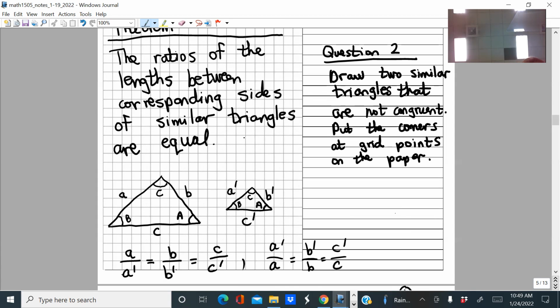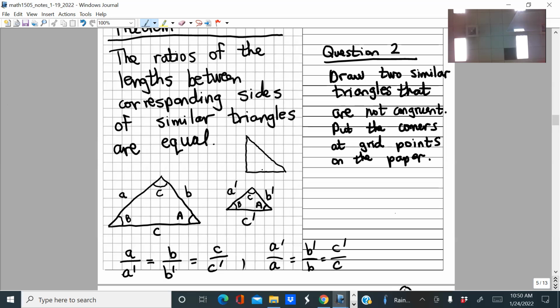The way Robbie did it here, although he used slightly different numbers, was he drew one right triangle and made the lengths of the two sides both the same. I meant to have 4 and 4. Then he drew another right triangle, but he reduced the lengths of the sides by the same ratio.